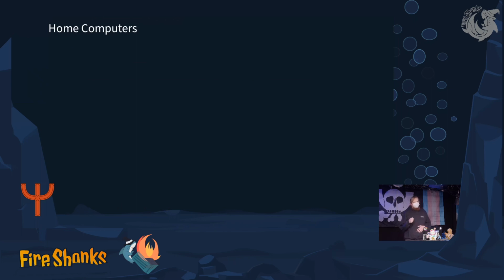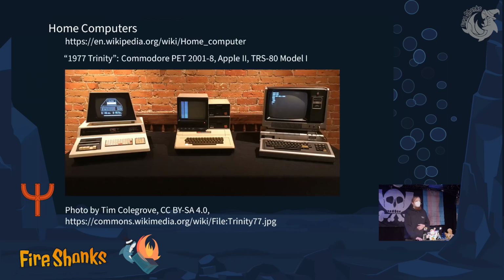We skip ahead another 10 years, and we come to the age of the home computers. You probably heard of them from old tales back in the days, and some people, if you're a little bit older, might remember. Among these, there were a few of these. That's the holy trinity of the home computers.